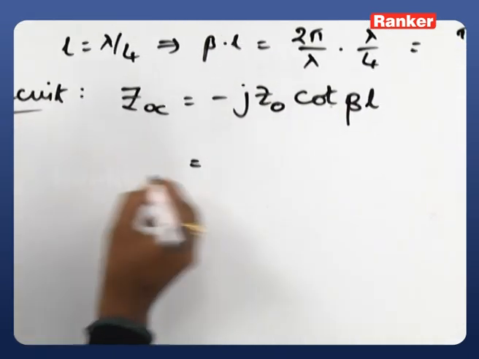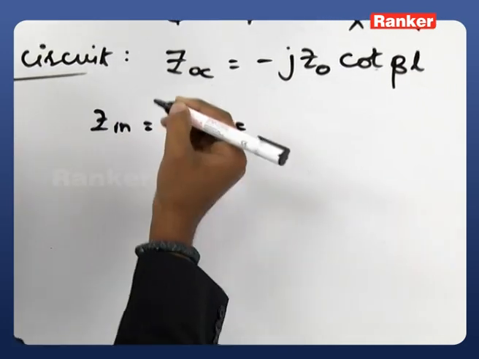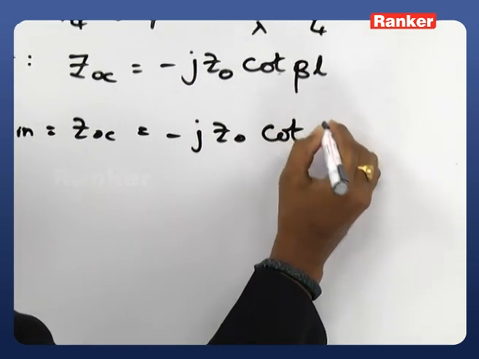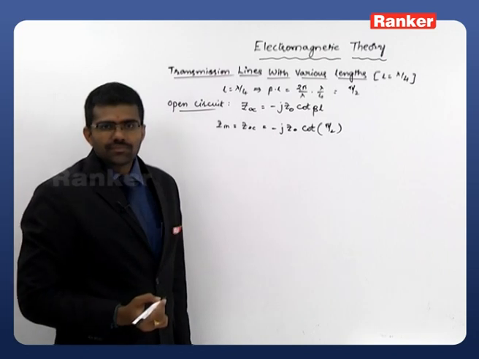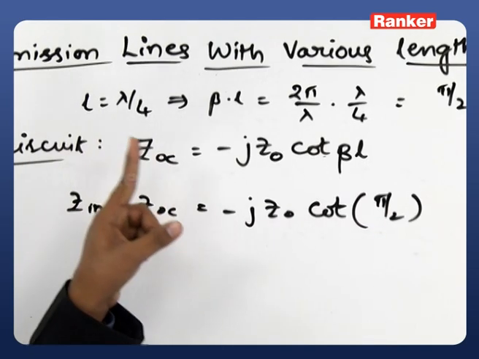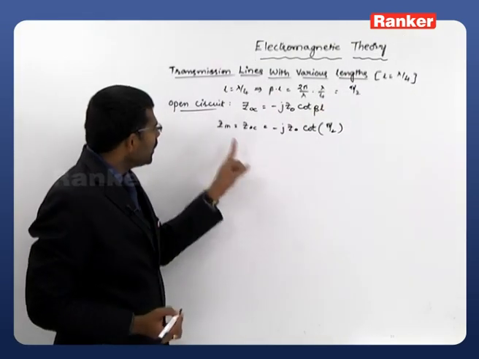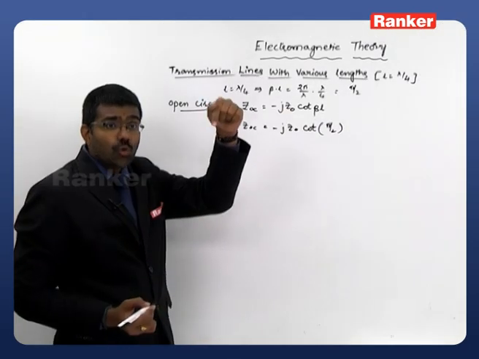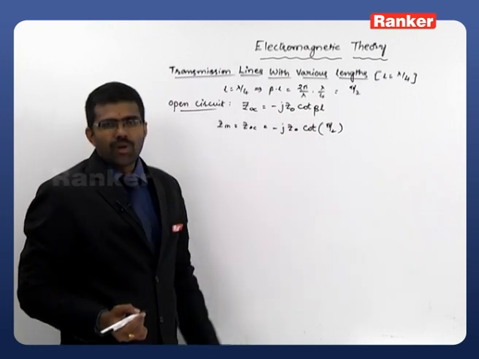The input impedance of our transmission line, Zin, is equal to ZOC, the open circuit line, which is equal to minus jZ0 cot pi by 2. That's what we have. Now clearly observe, the input impedance of a lambda by 4 line, not pi by 4, it's a pi by 2 line or lambda by 4 line, right? So the input impedance of a lambda by 4 line when it is open circuited is equal to minus jZ0 cot pi by 2.